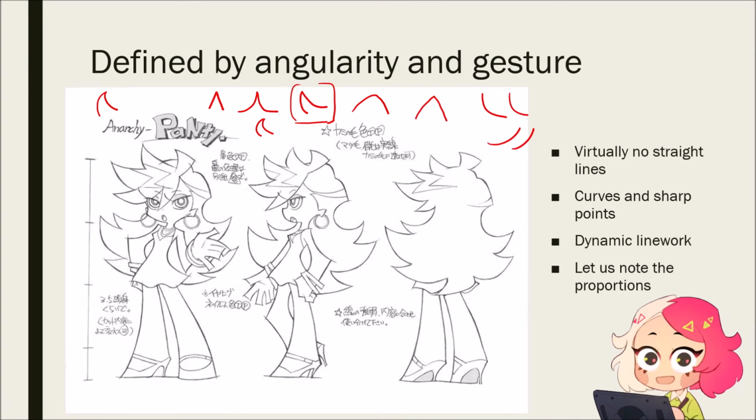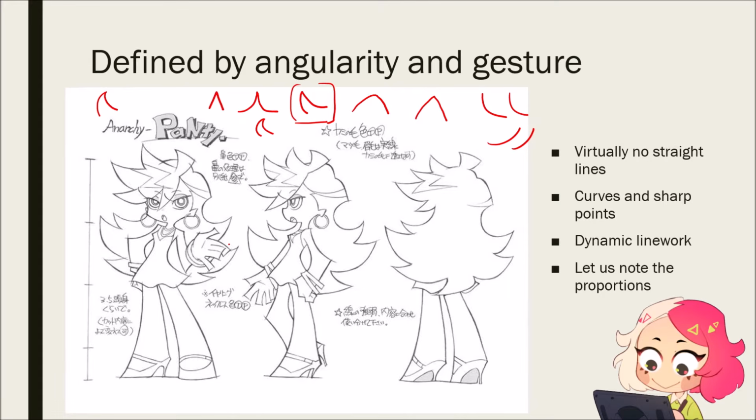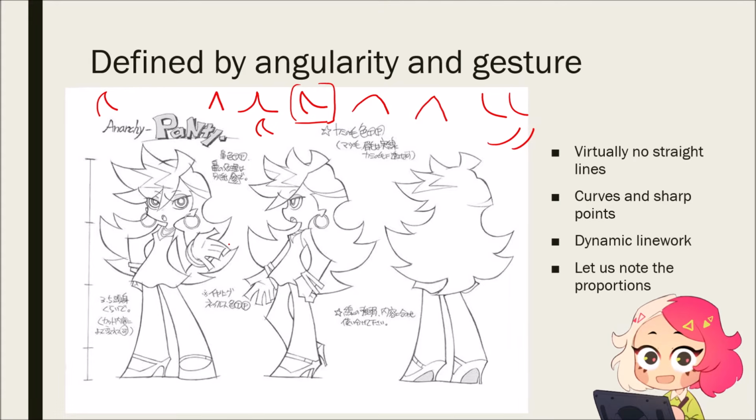Next point on our list: dynamic line work. So obviously, apart from the shapes when it comes to characters being frisky, the line work itself is designed with a very specific ethos in mind. You get obvious things first.